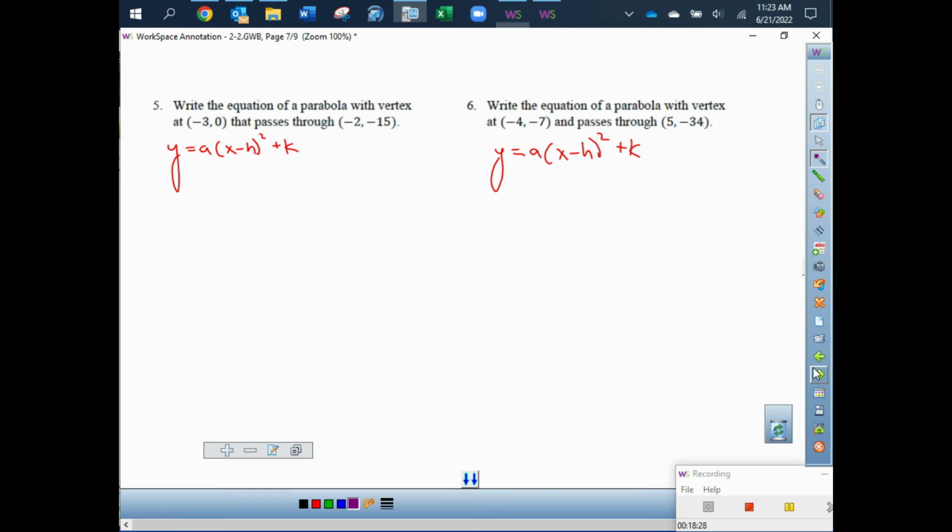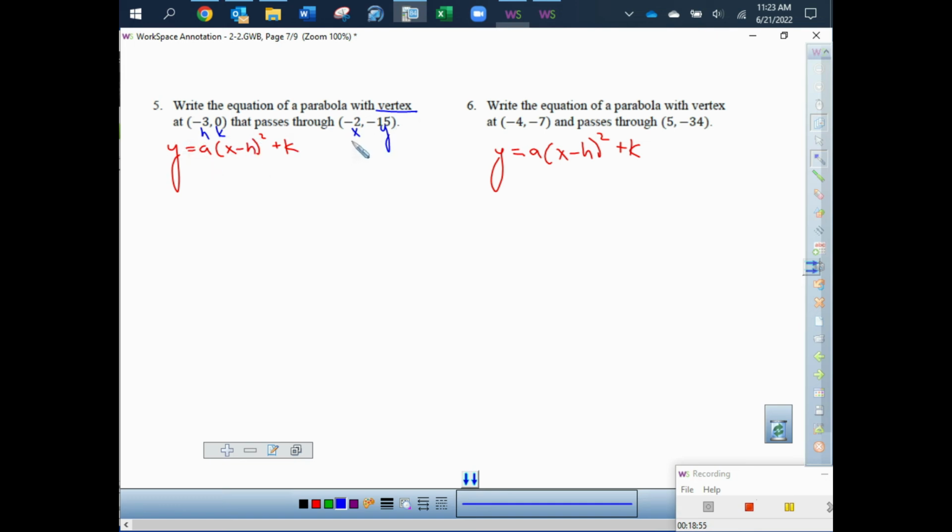So same thing on these, except they don't give me a graph, right? They just tell it to me. Write the equation of a parabola with a vertex and passes through this point right here. You've got to be extremely careful to know which one's h, k and which one's x, y. The vertex is h, k. Put those letters. The random point is x, y, and we do not know a.